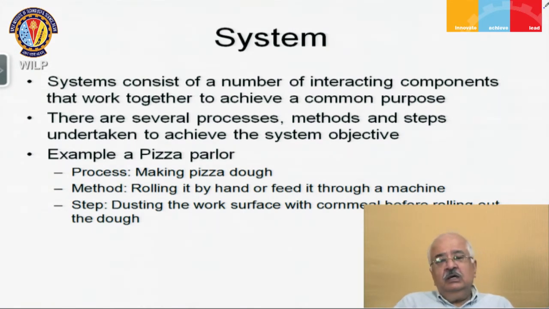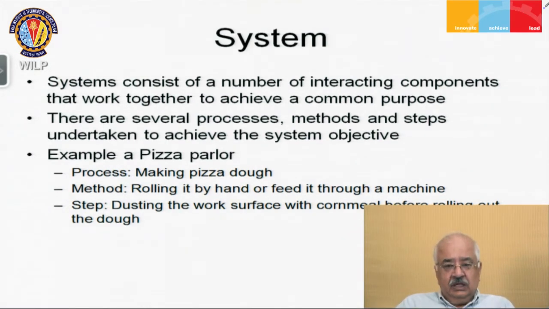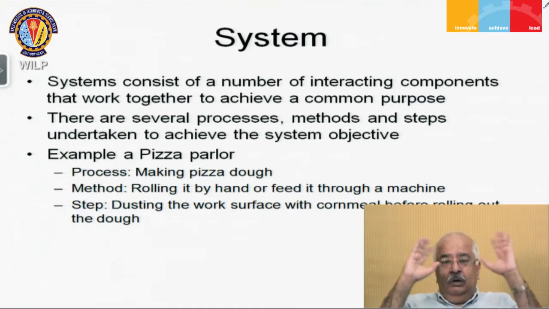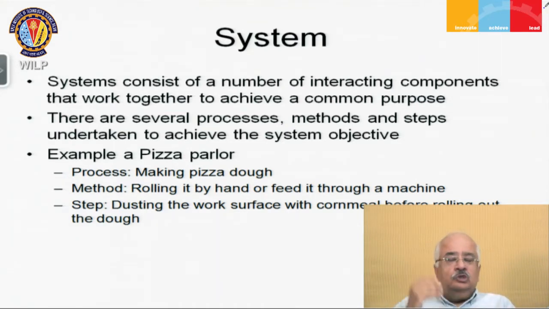So the process here could be the making of pizza dough, and the method by which we can achieve this particular process is we can either roll out the pizza dough by hand, or we can feed it through a machine that would flatten out the dough required for making the pizza base, or in some cases people hand toss the dough in order to make it round and flat. So there could be a number of different methods which can be used for the purposes of making the pizza dough.